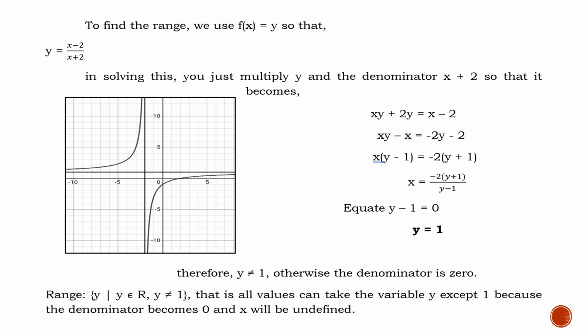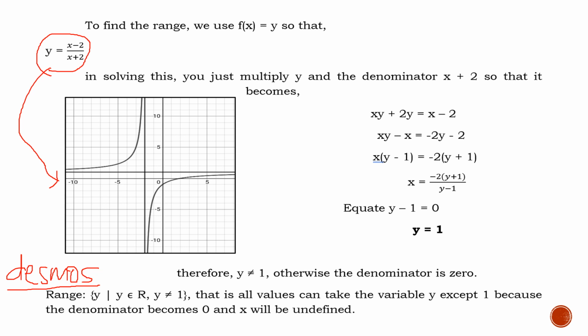So here, to find the range, we use f of x is equal to y, so that y is equal to x minus 2 over x plus 2 as your rational function. For you to graph this one, we just simply use the application Desmos. So for you to visualize your rational function more, we can use the mobile application.